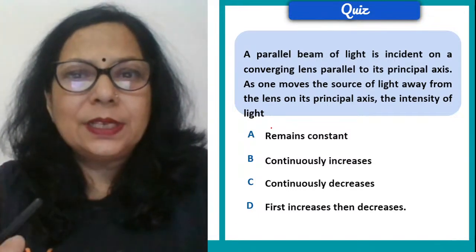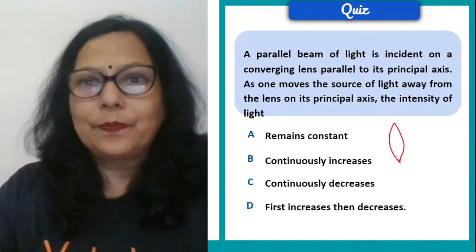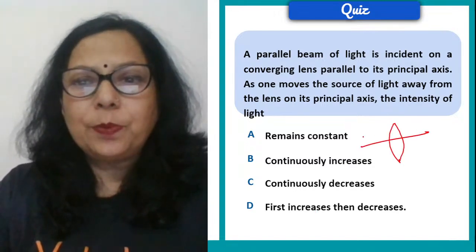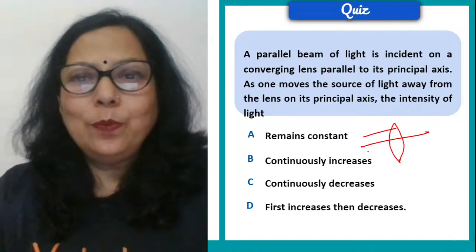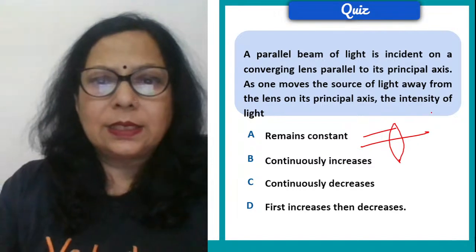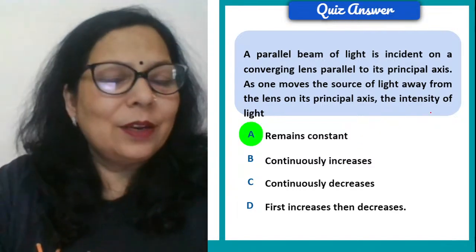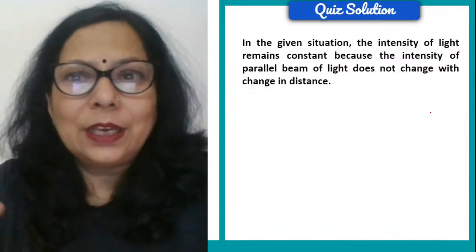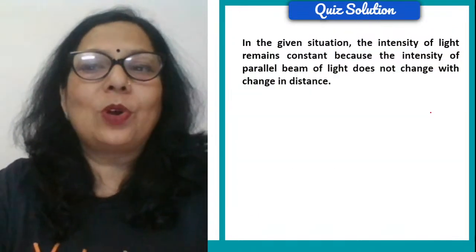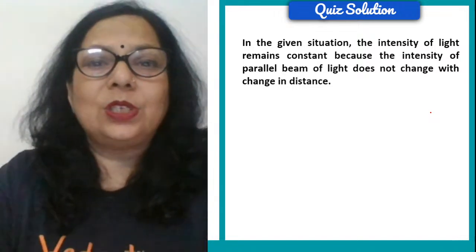A parallel beam of light is incident on a converging lens. A converging lens is a convex lens, parallel to its principal axis. As one moves the source of light away from the lens on its principal axis, what happens to the intensity of the light? Yes, it remains constant. In the given situation, the intensity of the light remains constant because the intensity of a parallel beam of light does not change with the change in distance.